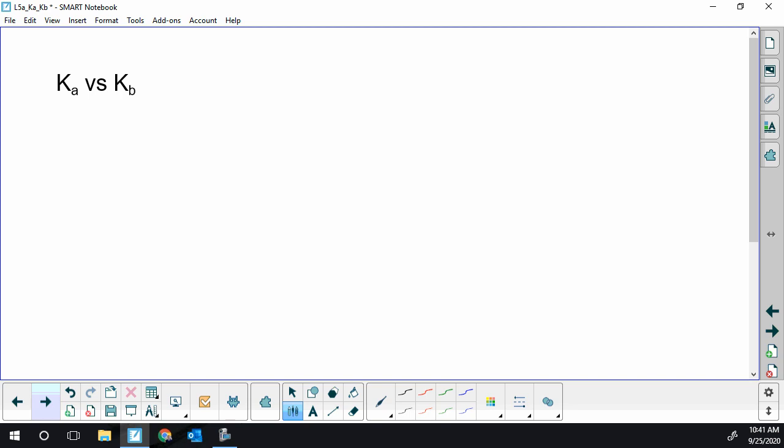So Ka versus Kb. Okay, the formula is not given. This all goes back to the auto-ionization of water. The acid equilibrium constant, if you multiply it by the conjugate's Kb, you get Kw, the water ionization constant.